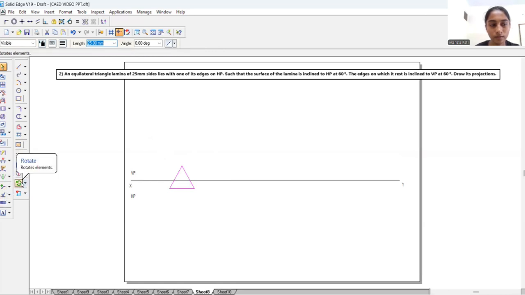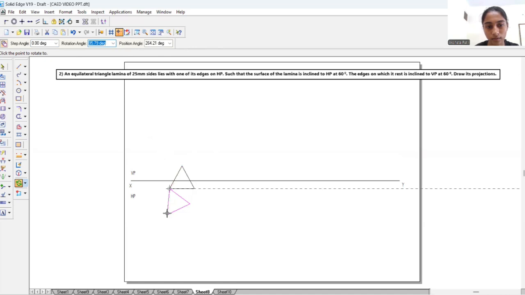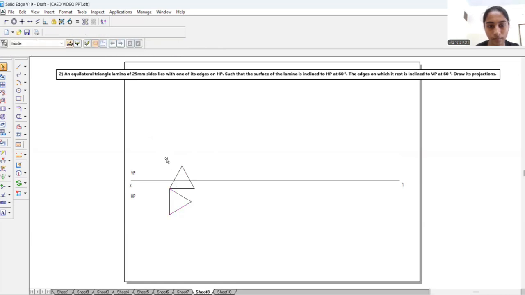We will choose rotate as the option and rotate this triangle, then delete the old triangle.